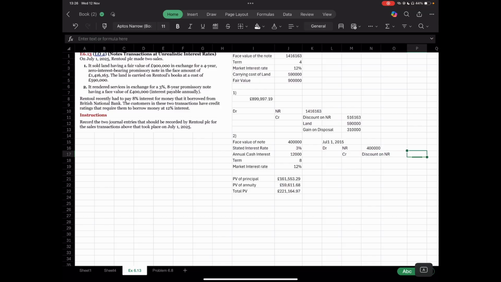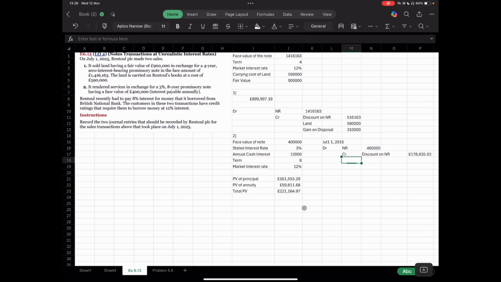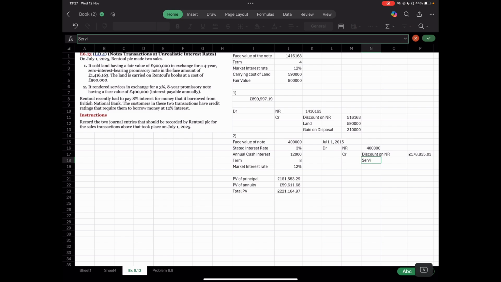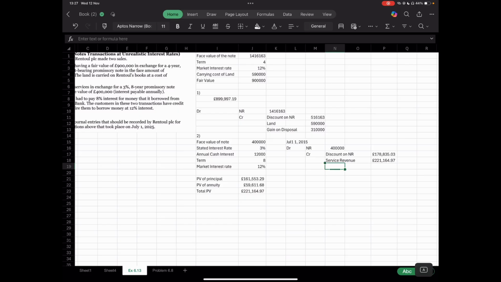We're going to find the discount by subtracting the face value from the present value. So it's this minus total present value. And here we have service revenue. It equals this, our total present value. All this to record services rendered in exchange for an 8-year 3% note. Thank you for watching. That's it.